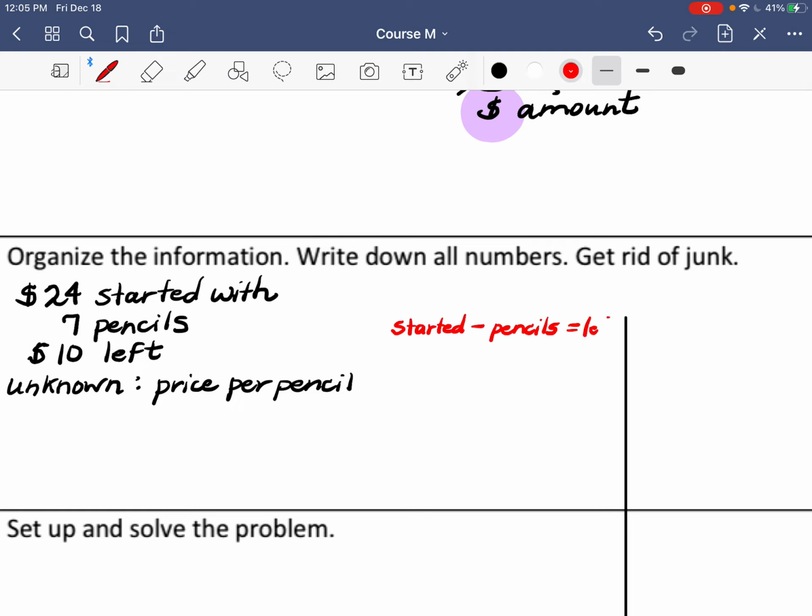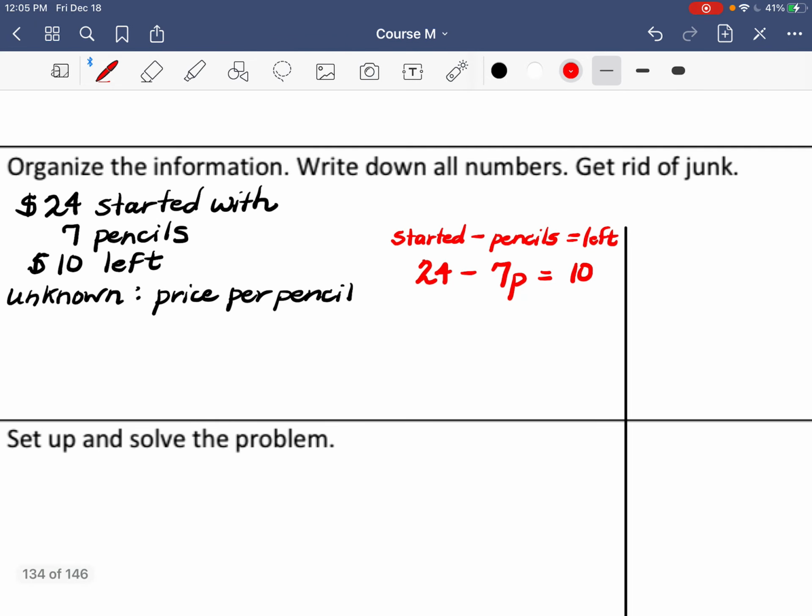Let me just put it in words. So she started with $24. She bought 7 pencils. The unknown is the price per pencil. And then she had $10 left. So we could definitely solve the problem this way if we wanted to. So we could say 24 minus 7p equals 10.